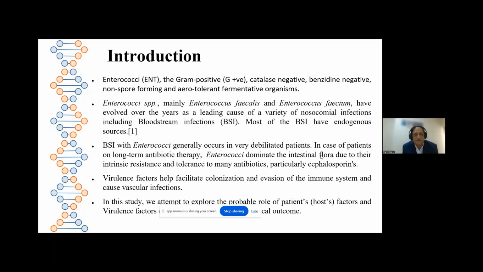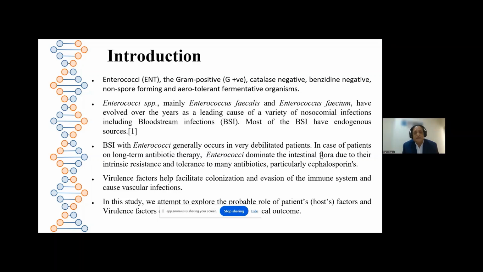In patients on long-term antibiotic therapy, enterococci dominate. Mostly they are very resistant to third generation cephalosporins, and when the intestinal flora is killed, they overgrow and dominate the gut flora, because of their ability to tolerate high levels of antibiotics and their intrinsic resistance.